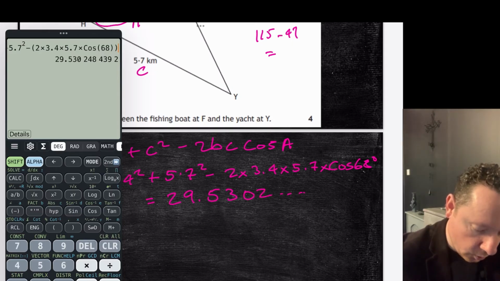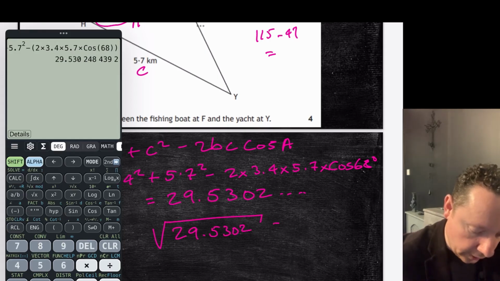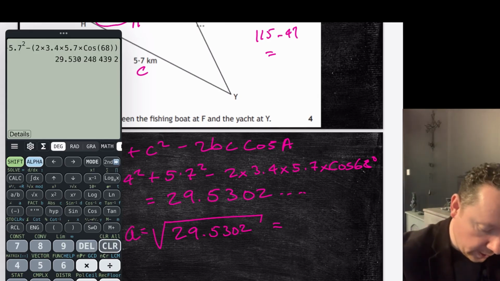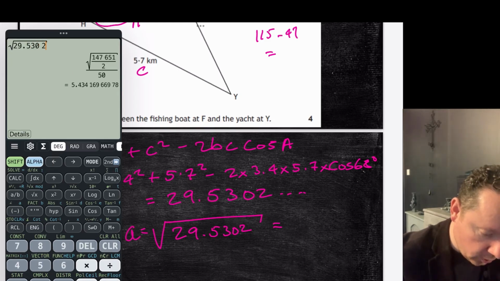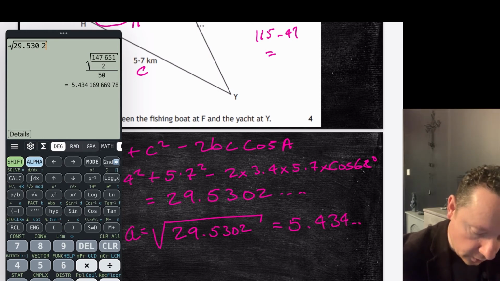There's more numbers, but I'm not rounding here yet. Square root of 29.5302 equals, so this is going to be my a, because a is the square root of a squared. 29.5302 square rooted is 5.434, and a bunch of other numbers.